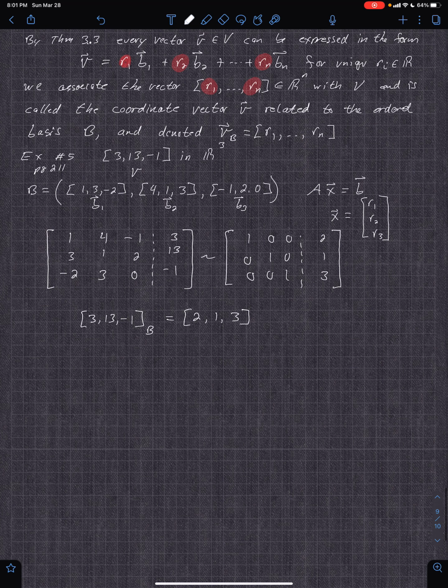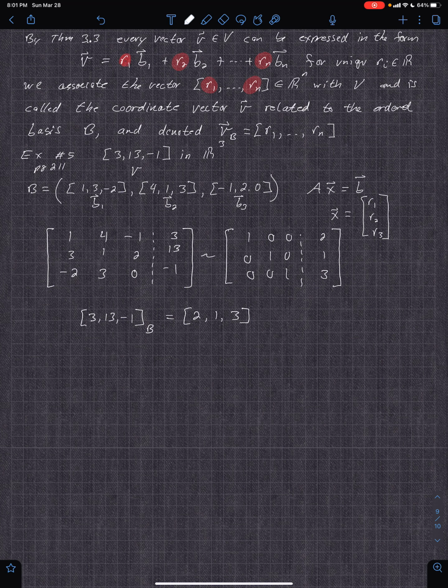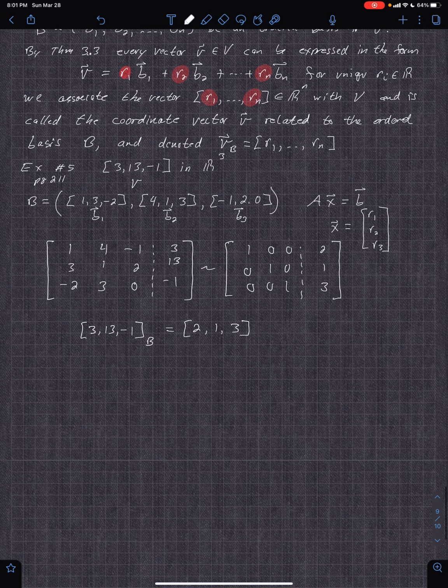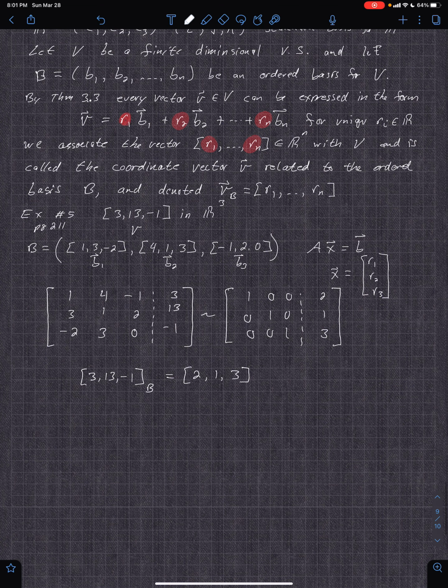You could do that kind of concept for more than just this B. It might be slightly more difficult, but essentially you're solving to find what values of r would allow you to construct that vector v. Now, these B's have to come from V, so it has to be the same type of thing.